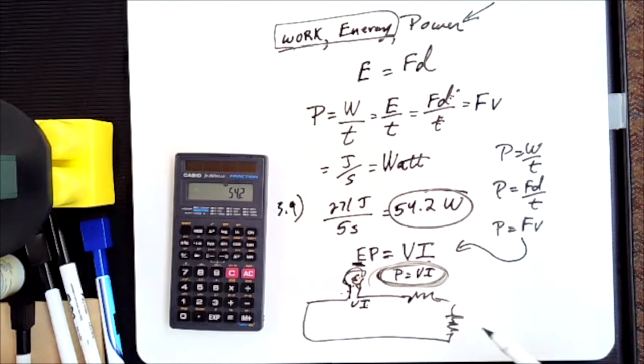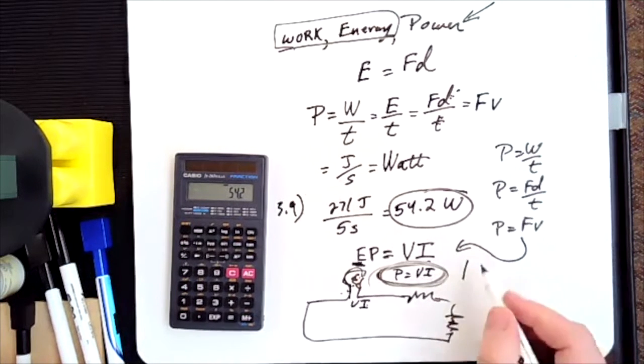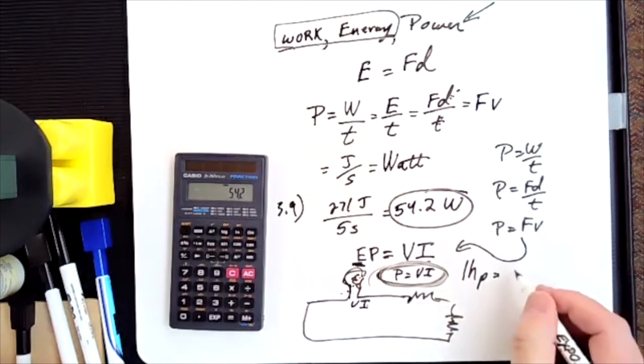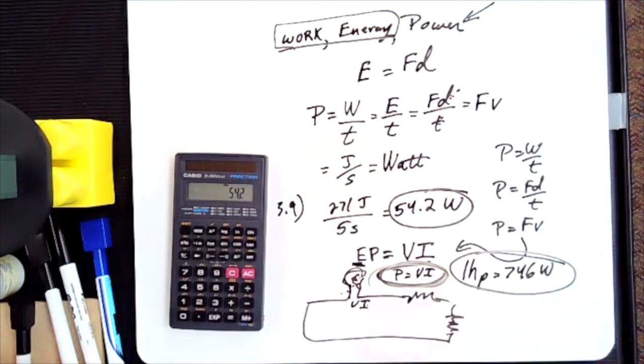So there's a conversion factor in case you end up needing it. It's in your book, so you always have it. So 1 horsepower is, I actually wrote 746 watts. Normally, like in physics, I just round it to 750. It's easier to remember. 1 horsepower is about 750 watts. So in case we need to convert something to horsepower, that would be how you do it.